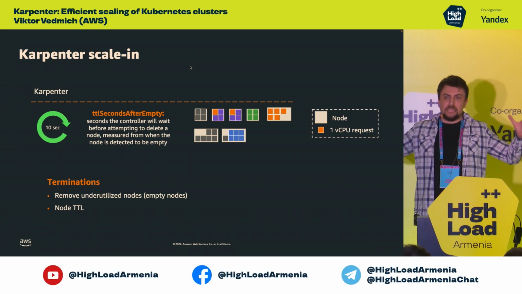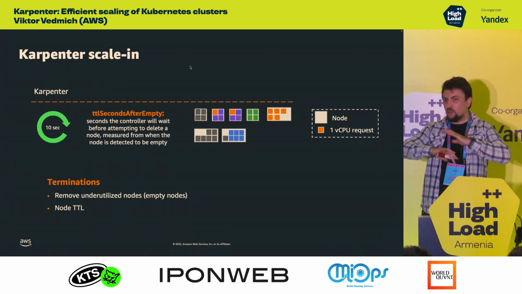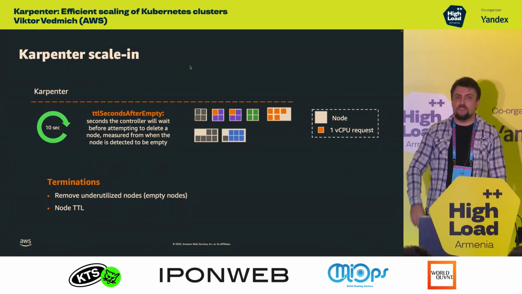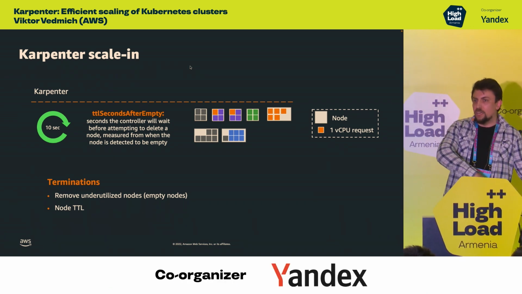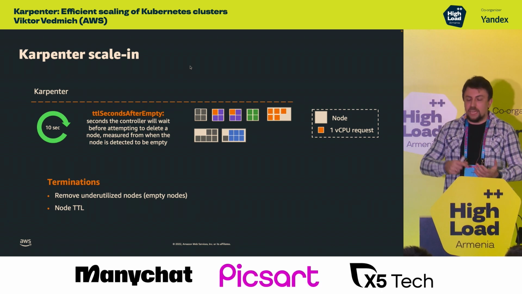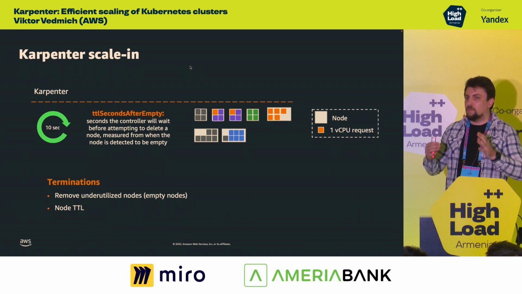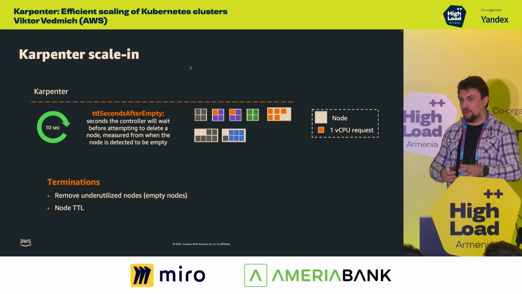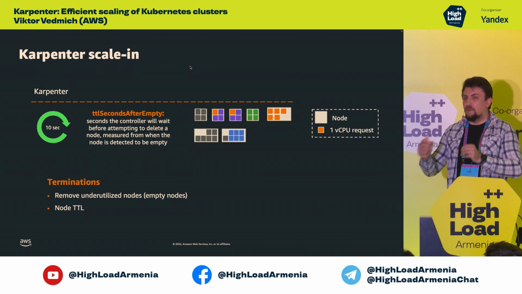But when we scale in, I saw many times situations where I delete all of my load, but cluster autoscaler is still waiting for something, because we are waiting for the ASG configuration and so on. What will happen with Karpenter? Again, the biggest benefit is that we directly communicate with the EC2 API and with the scheduler, understand what is really happening inside my Kubernetes cluster, and can react very, very quickly.